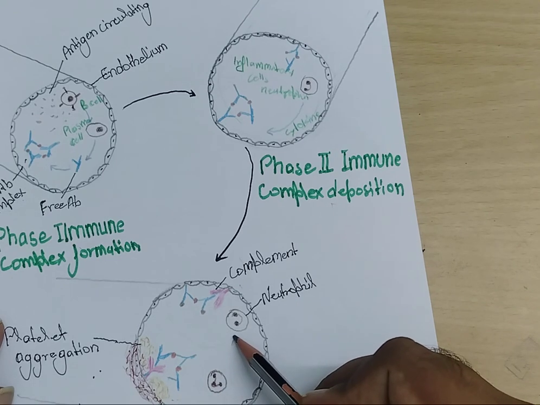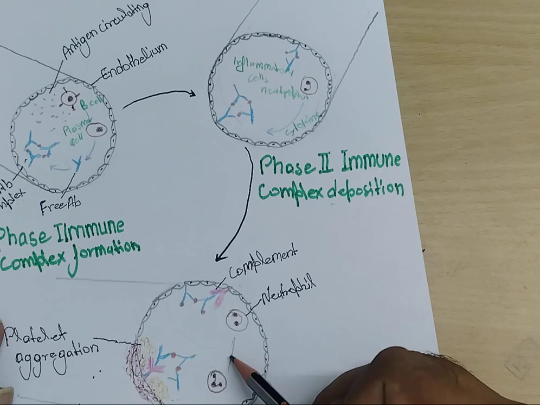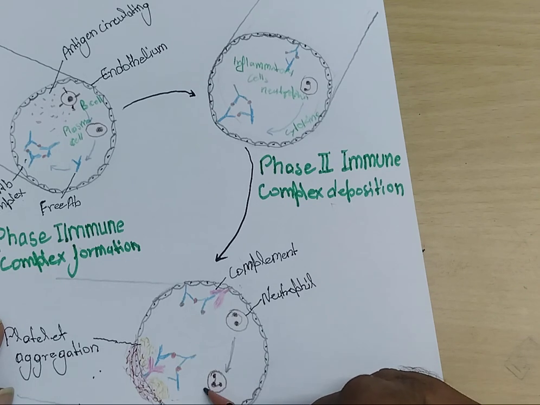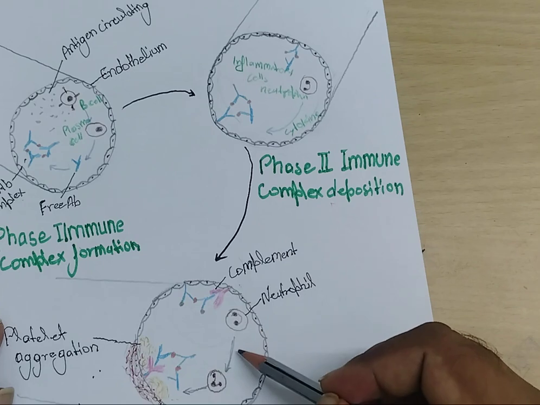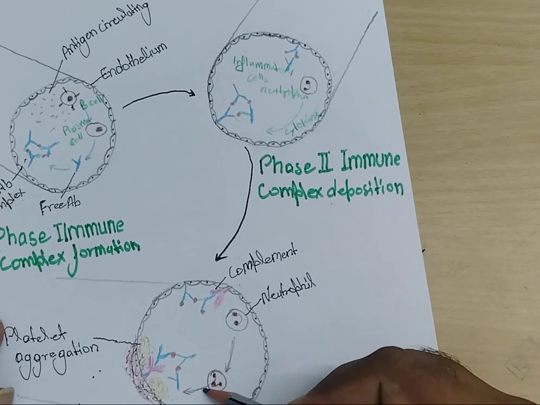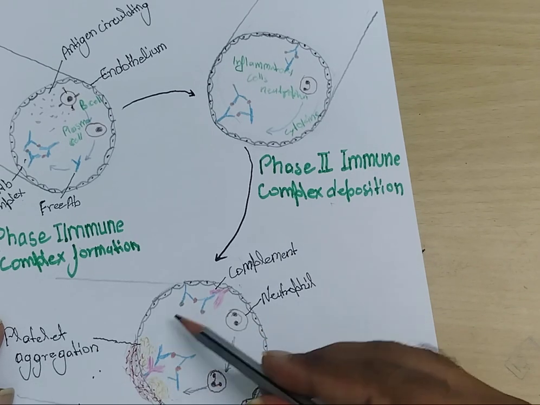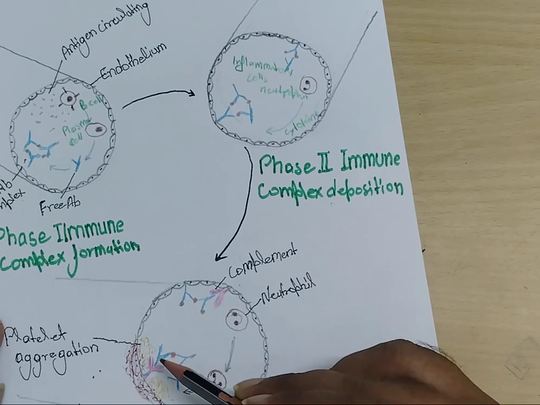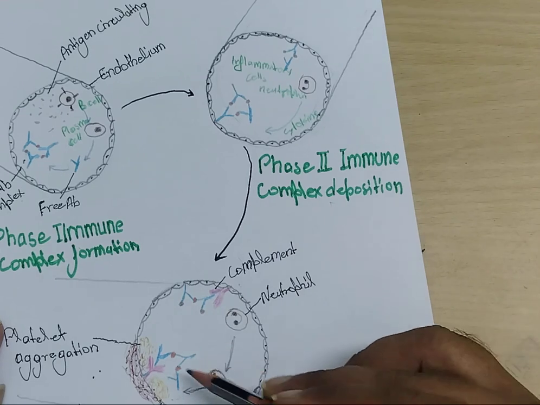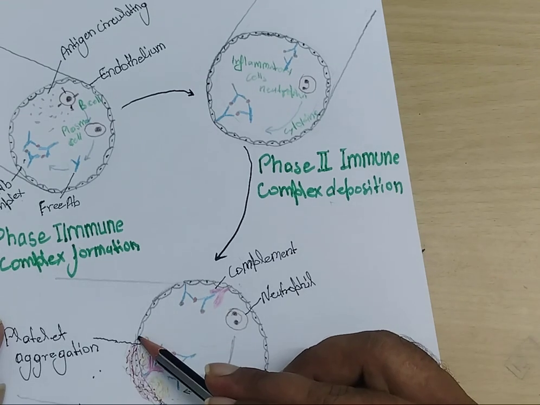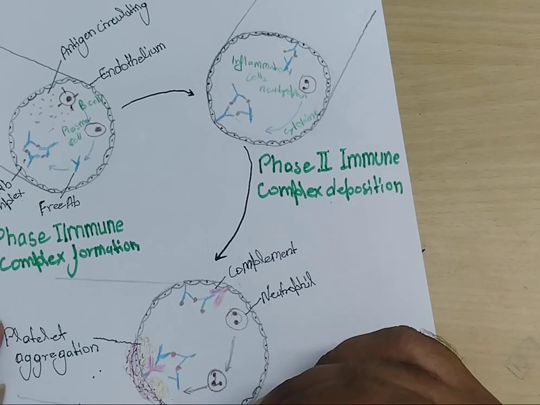But as the size of the immune complex is large, they could not phagocytose it, and the frustrated phagocytic cells release various lysosomal enzymes and lead to fibrinoid necrosis, which we can see here clearly.